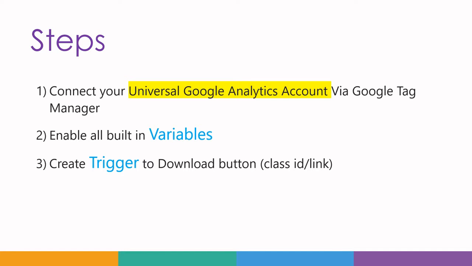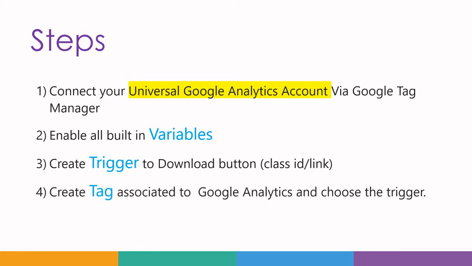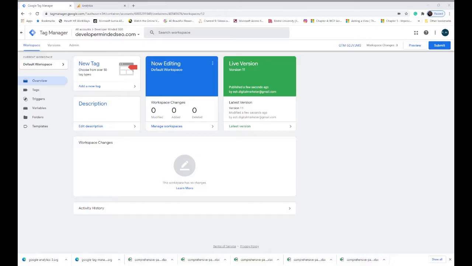After setting up the trigger, you need to create the tag associated with Google Analytics and choose the previously set trigger with that tag. After this is finished, you have to debug whether your event tracking is set properly or not. Let me show these steps in the demo.